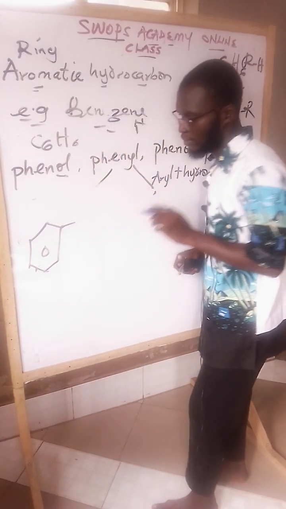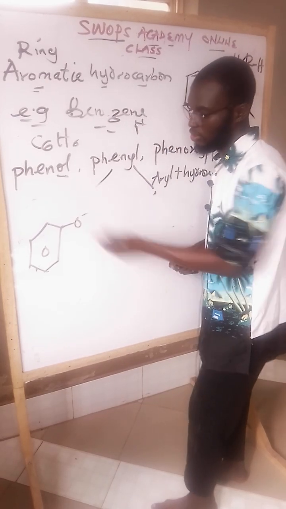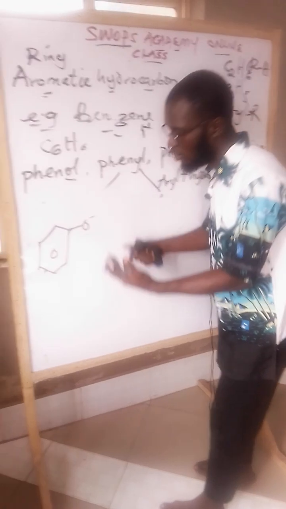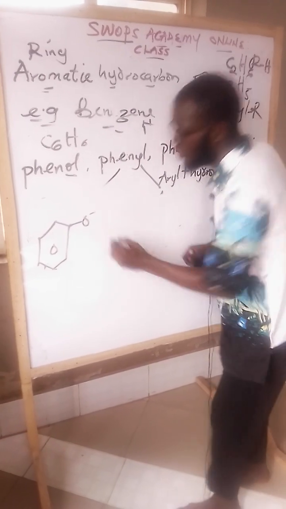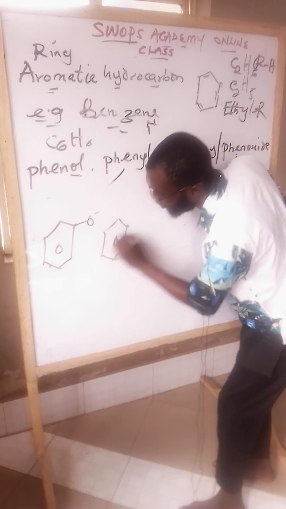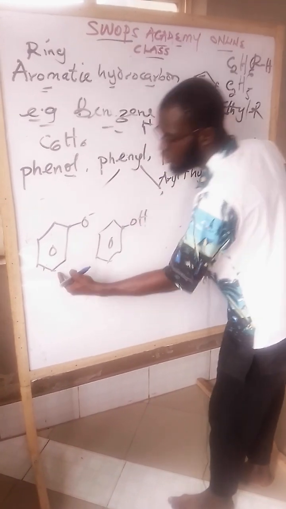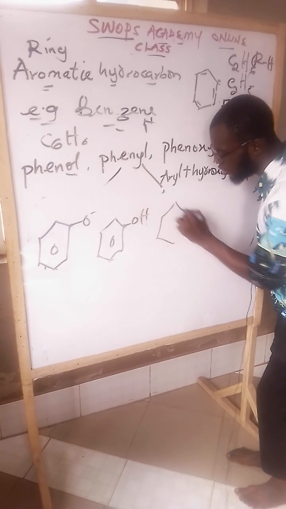This is phenyl. When you put O like this, oxygen atom ion, it has become phenoxy ion or phenol oxide ion. Or the deduction of one hydrogen atom from phenol OH leads to this one. It's also phenoxy. Then phenol on its own is this.